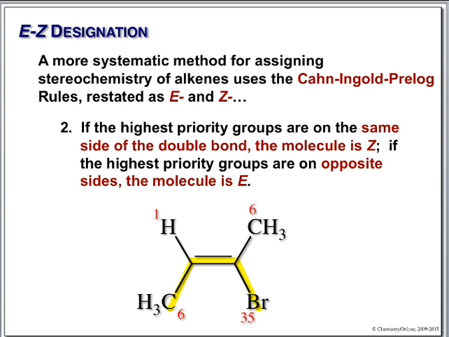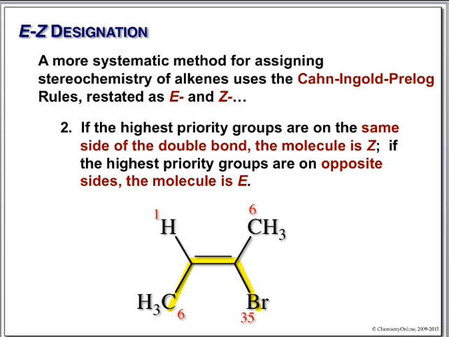So just like we did R and S, we're just going to take our name and stick E or Z in front, in parentheses, with a dash, all one word. This is, let's see, I'm probably going to go 1, 2, 3, 4.